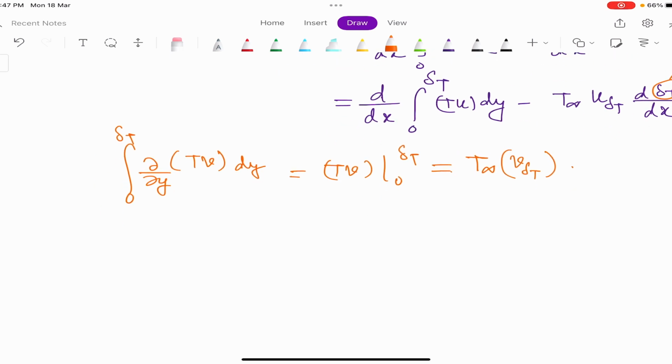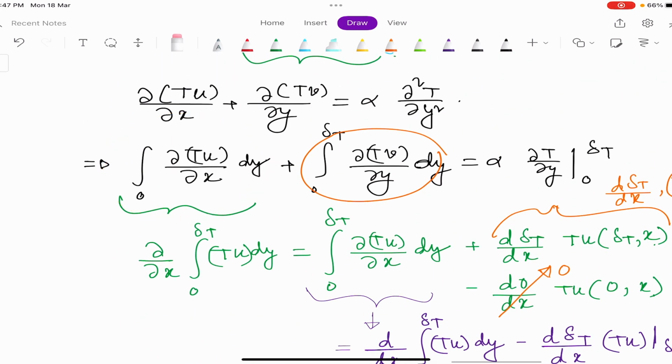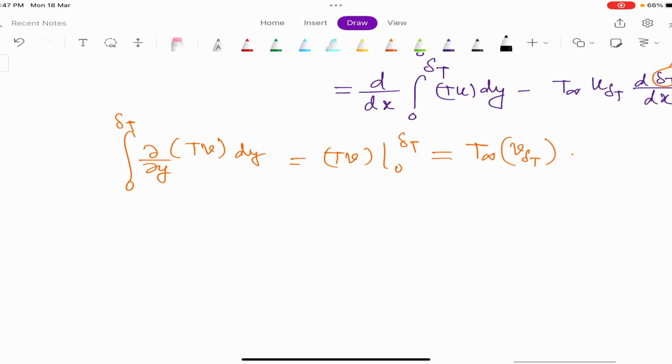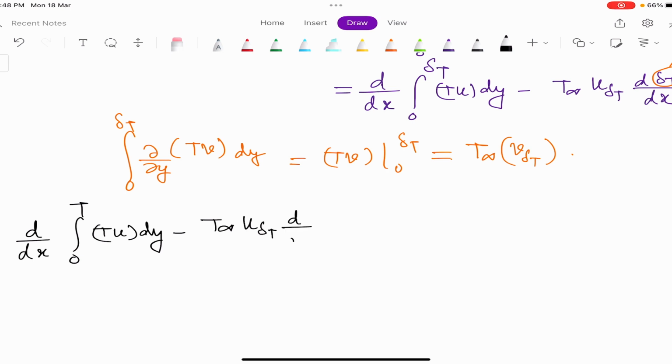So now we have calculated the first term, the second term, the third term. Let us write accordingly. We will have d/dx of the integral of Tu dy minus T infinity u at delta t d/dx of the integral from 0 to delta t.